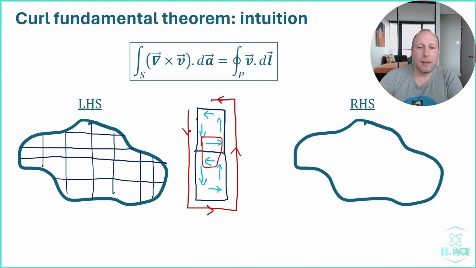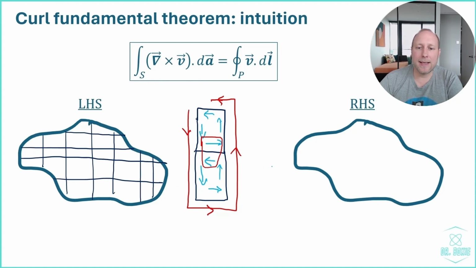So if we think of the curl as indeed relating to the amount of rotation there is, what the theorem tells us is that adding the amount of rotation there is within the whole surface amounts to only looking at how much the field is rotating on the outside of that shape. And that is exactly what the right-hand side tells us.